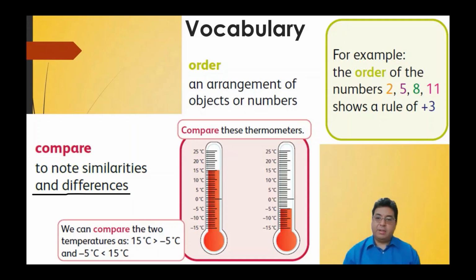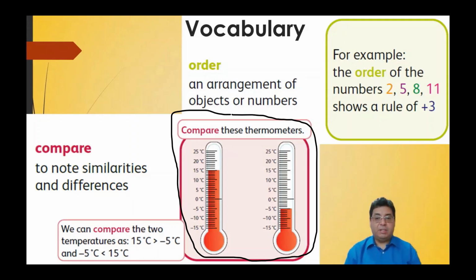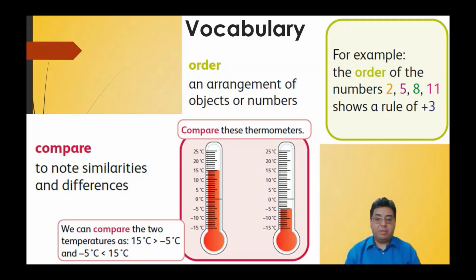And as I said earlier, we're going to use the thermometer to show how to compare and order numbers and how to use them both in positive and negative. So as you can see here, we can compare the two temperatures as 15 degrees Celsius is warmer than -5 degrees Celsius, and -5 degrees Celsius is colder than 15 degrees Celsius.